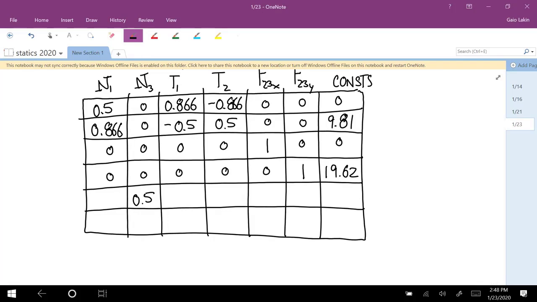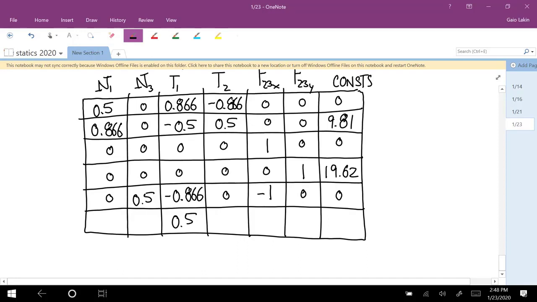T1 is negative 0.866. And F23x is negative 1. And everything else is 0. And then equation 6, T1 is positive 0.5.